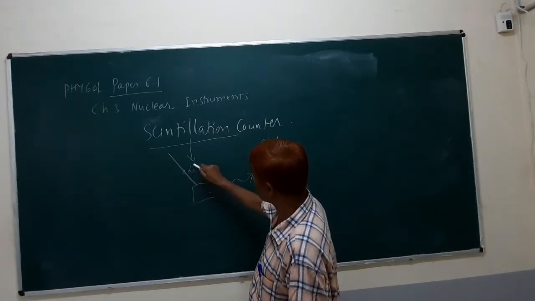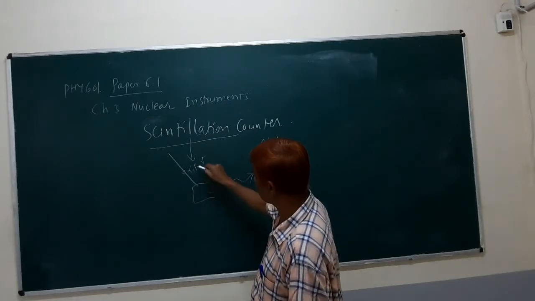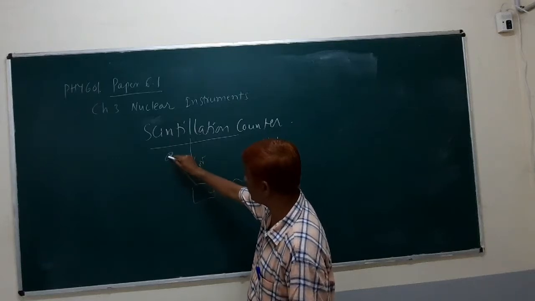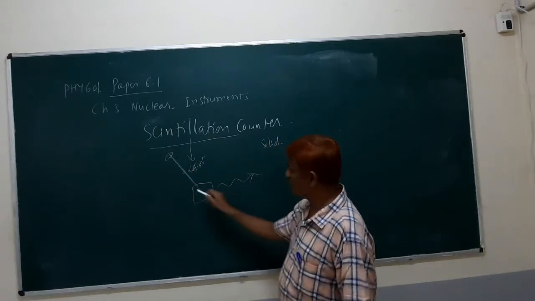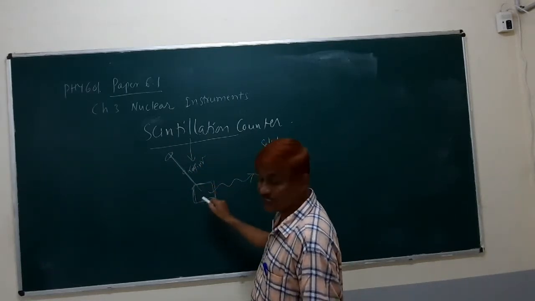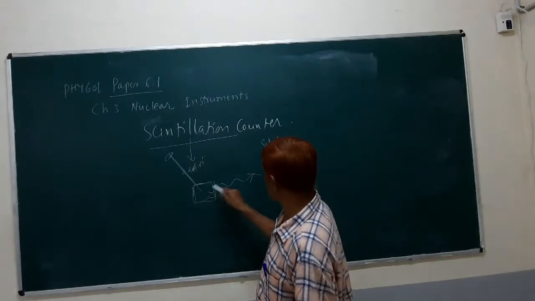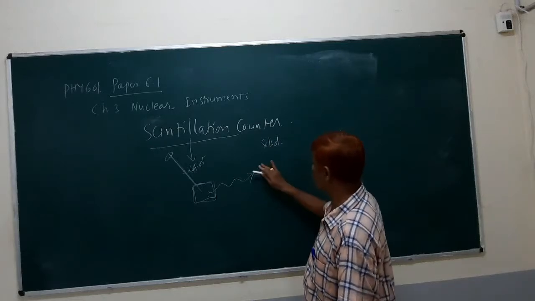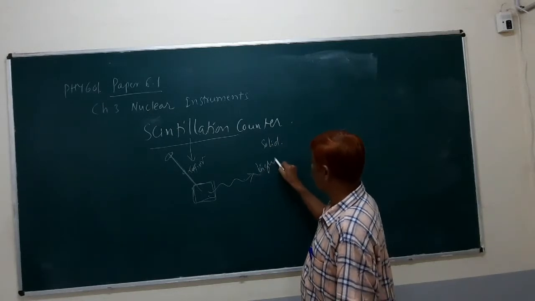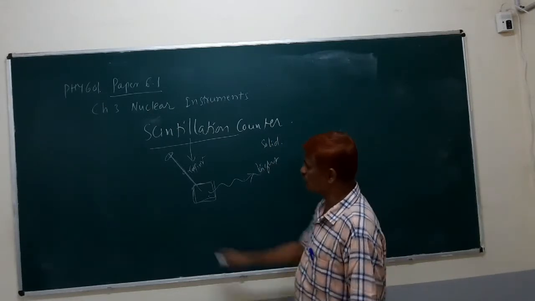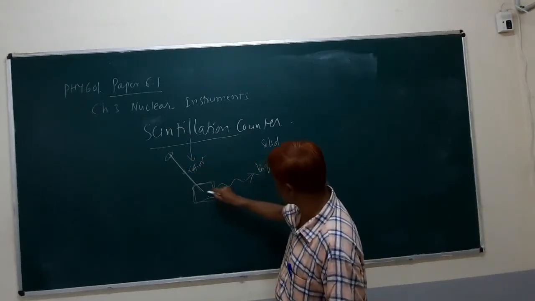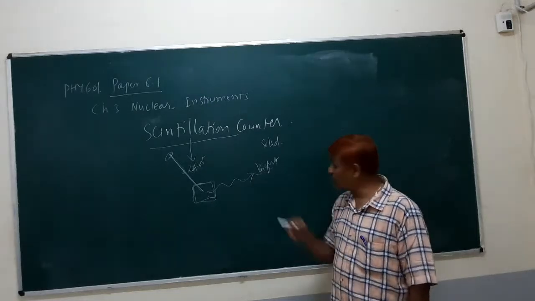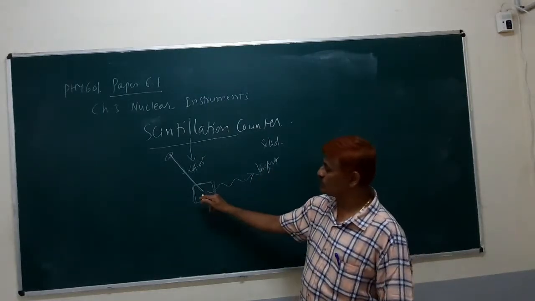This is alpha, beta, gamma particles, coming from a radioactive source. When they fall on scintillating material, it produces light. Right? So the particles falling on this will be identified by the light emitted by this material.